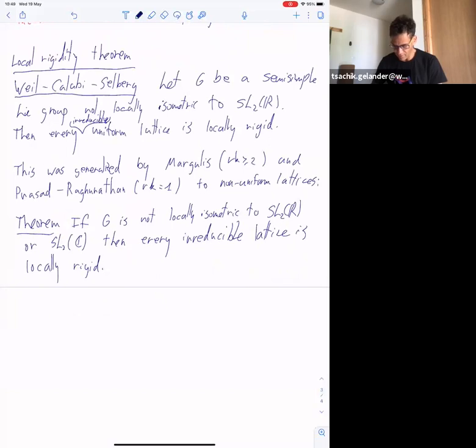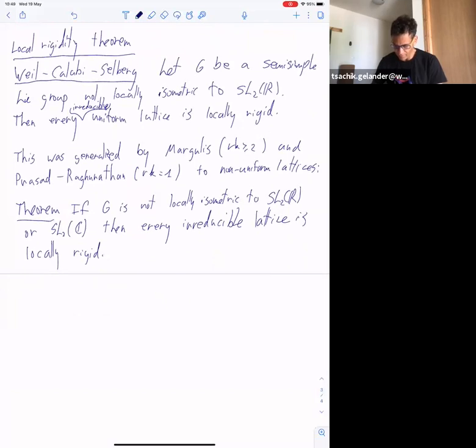But I should remark that there is a weaker version which applies to non-uniform lattices in SL2C.